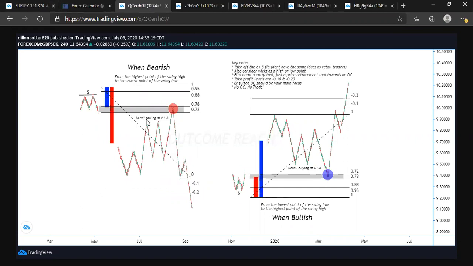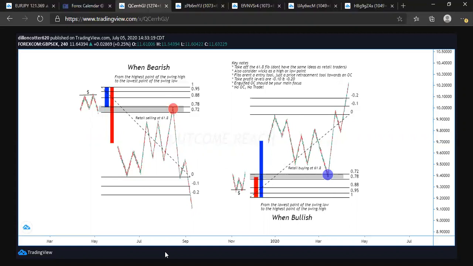As you know, most retail traders use the 61.8 Fibonacci. They call it their so-called golden pocket area. Don't have the same ideas as retail traders, okay?